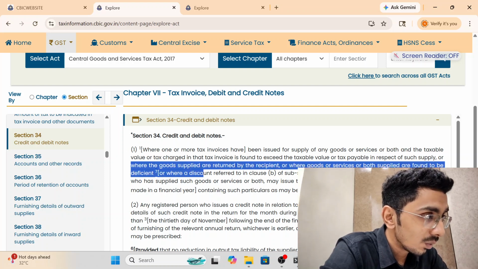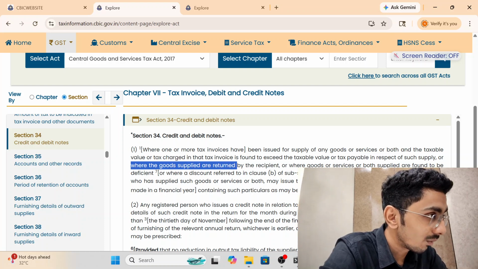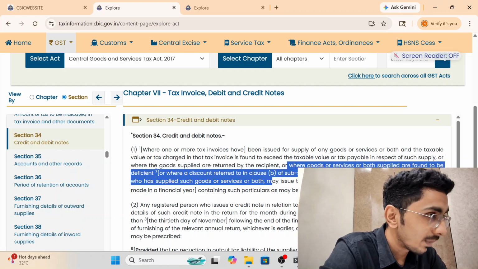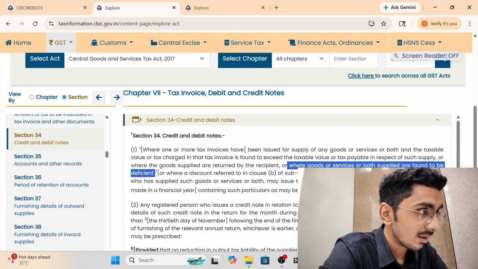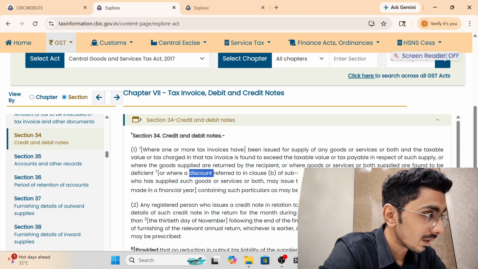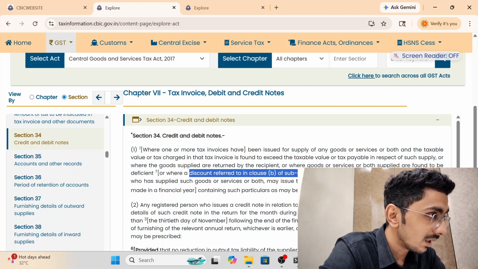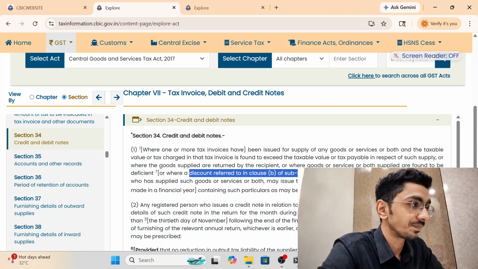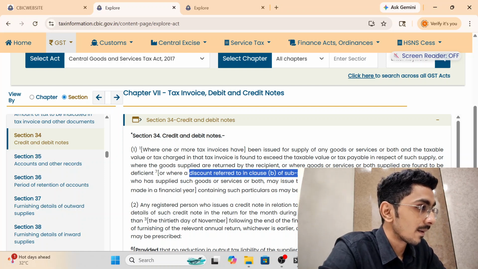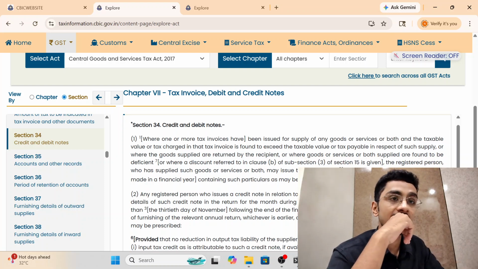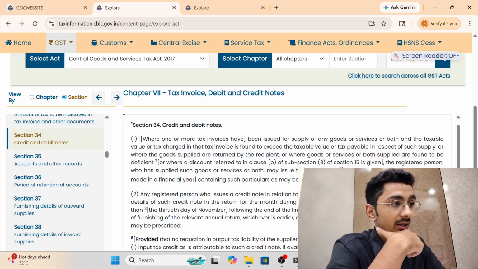Third one, goods supplied are returned. Fourth one, goods supplied are found to be deficient. Fifth one, clause B, subsection 3, section 15. Now these are the 5 conditions for which you can raise a credit note.